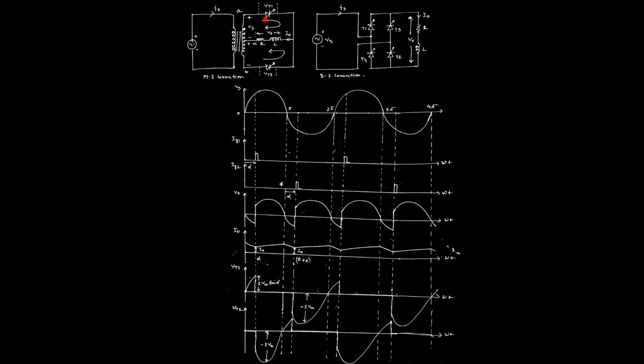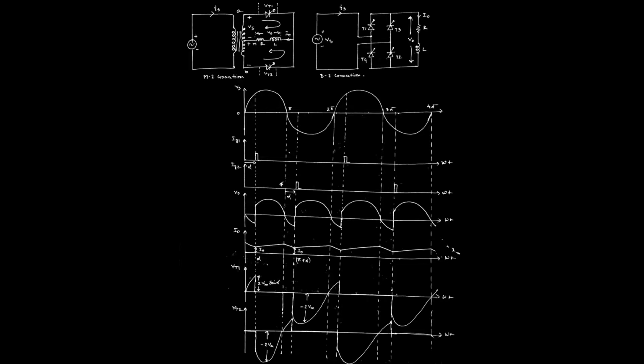That means when T1 starts working, no voltage appears across thyristor T1 as it is behaving like a short circuit. Then the total peak inverse voltage that I have calculated before, that is 2 Vm, is the total voltage appearing across thyristor T2. Similarly, in the negative half cycle of the supply voltage, when T2 starts conducting, the total peak inverse voltage, that is minus 2 Vm, will appear across T1, the first thyristor.